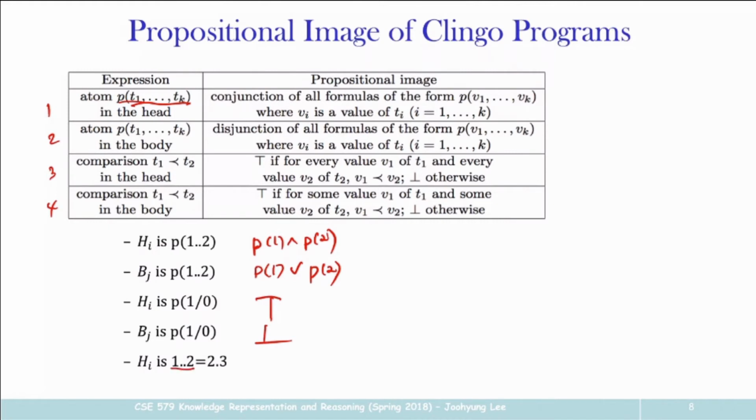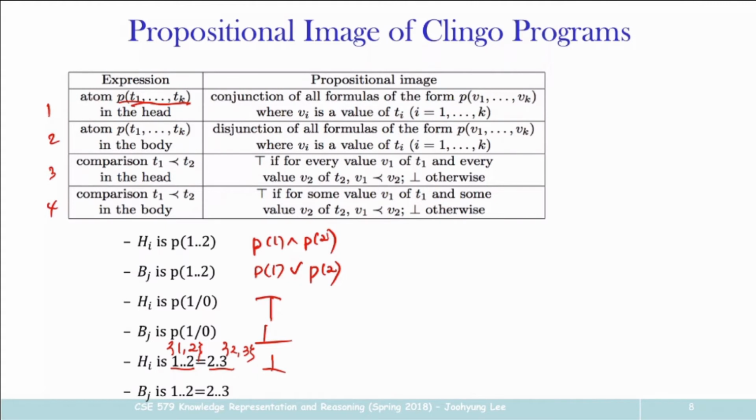It's a set consisting of two values, 1 and 2. What about the values of 2 dot dot 3? Of course, 2 and 3, right? According to the third case, every value that you pick from the first set should be equal to every value that you pick from the second set. Is it true or false? It's false. So what do we do? The bottom.